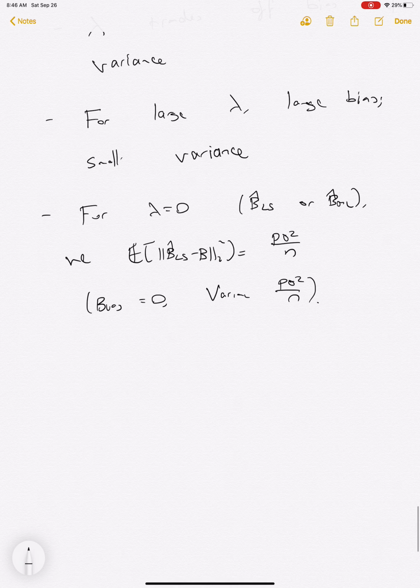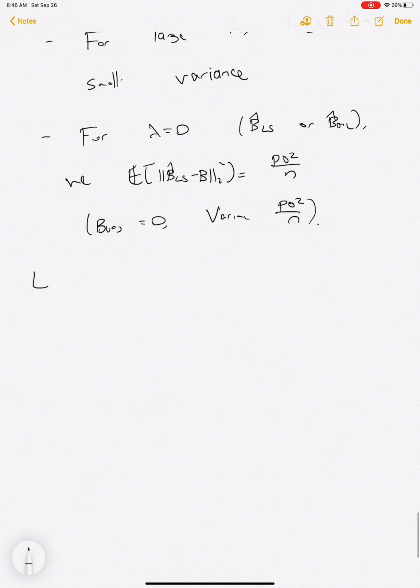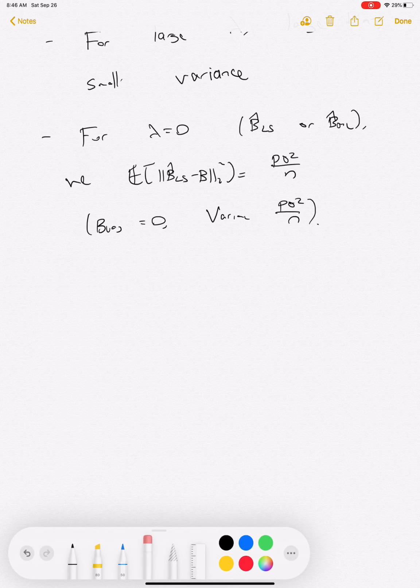So let's look at some examples of when this might be beneficial. Let's take some concrete examples. Let's first remember these formulas here.